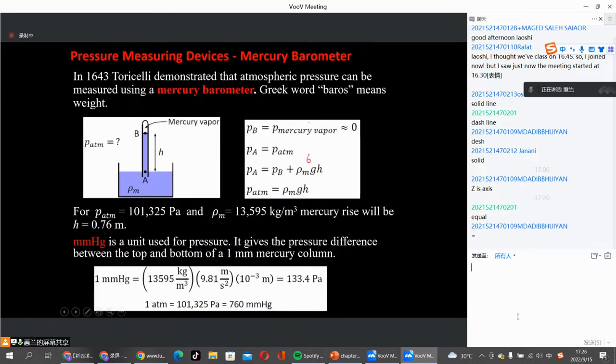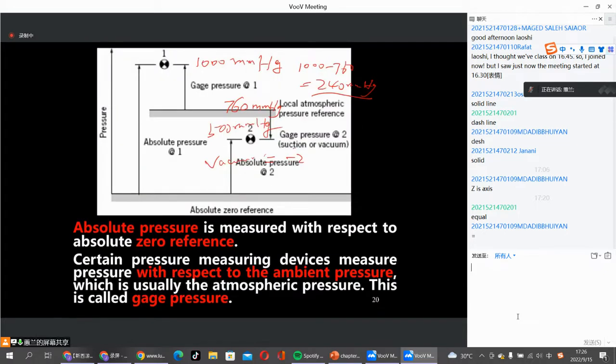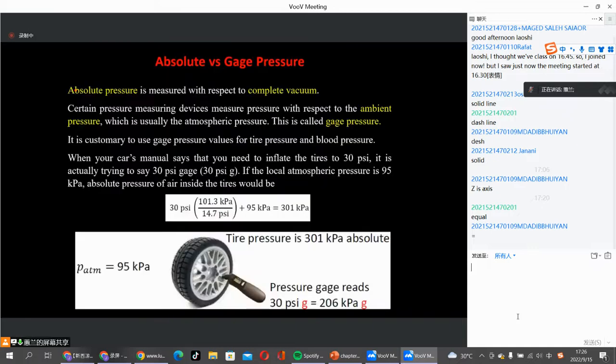Instead of using minus, we say the vacuum is 260. That means the absolute pressure is 260 millimeters of mercury lower than the local atmospheric pressure. Okay, this is the definition of absolute pressure and gauge pressure.